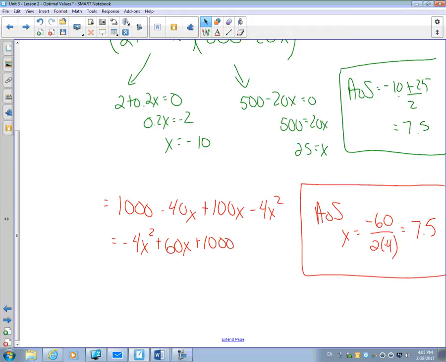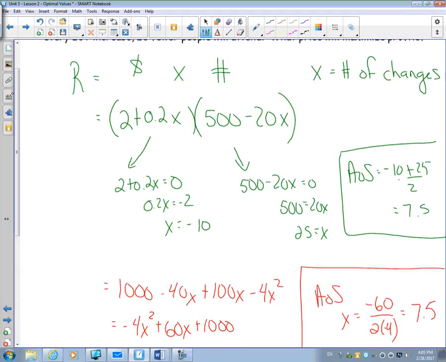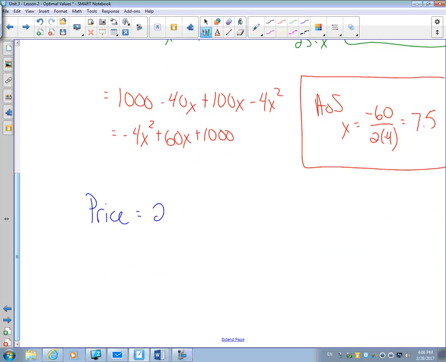But the question was, what price maximizes profit? Well, our price comes from our initial equation. Initially, we were charging $2, but we're going to change that according to how many x's we need, how many changes to our price. So if I take my equation for price, and I plug in the number of changes, our axis of symmetry, I get 2 plus 0.2 times 7.5.